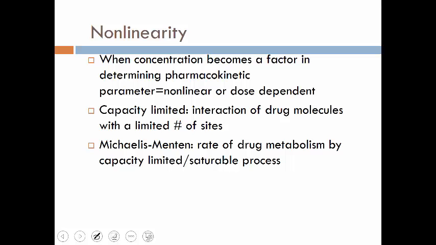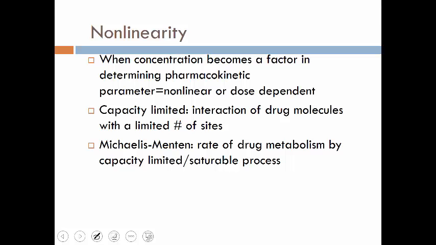So phenytoin is kind of famous or infamous for its nonlinearity, and the nonlinearity is due to a saturation of the liver enzymes that are responsible for clearing the drug.